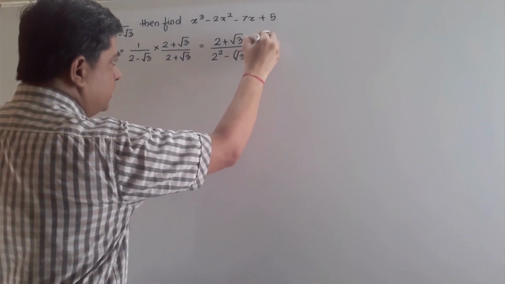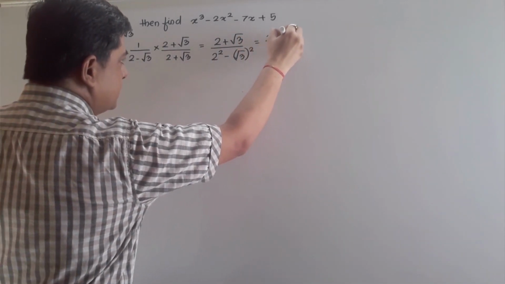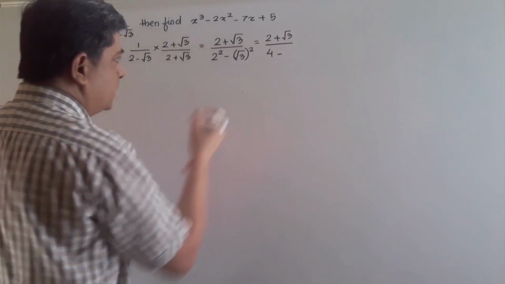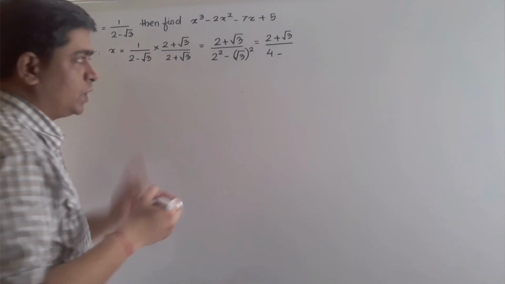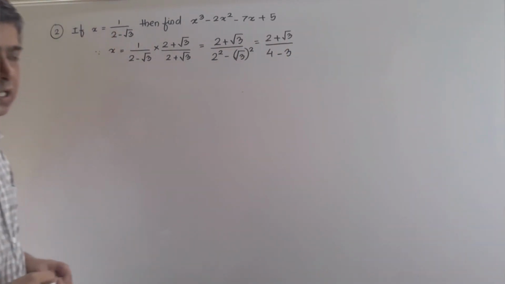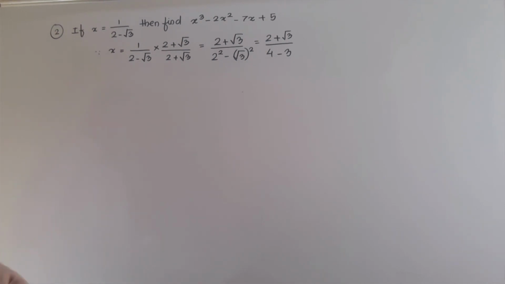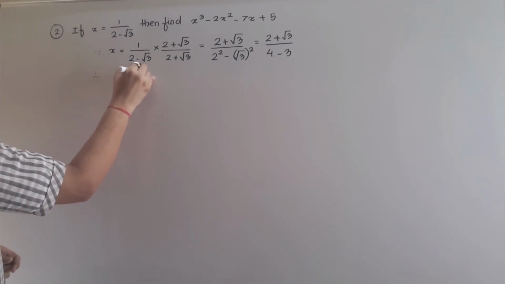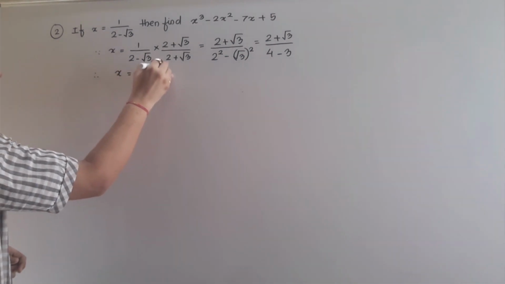So if I solve a little further, this will be 2 plus under root of 3 upon 4 minus square of root of 3. The square and square root got cancelled, this will remain 3. So 4 minus 3 will be equal to 1, and denominator 1 we can simply leave. So therefore the value of x is 2 plus under root of 3.